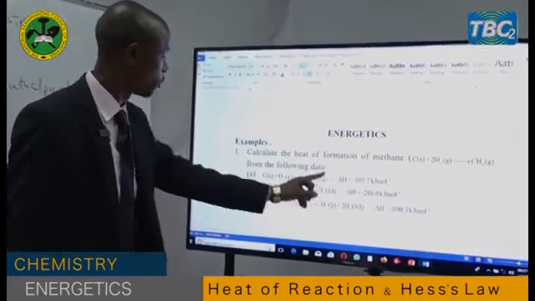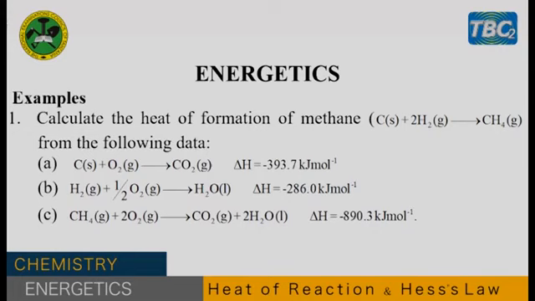The enthalpy change for this reaction is negative 393.7 kilojoules per mole. The second one is hydrogen gas burnt in oxygen to give liquid water. The enthalpy change for this reaction is 286.0 kilojoules per mole. The third one is methane burnt in oxygen to give carbon dioxide gas and water, and the enthalpy change is 890.3 kilojoules per mole. This is the question.